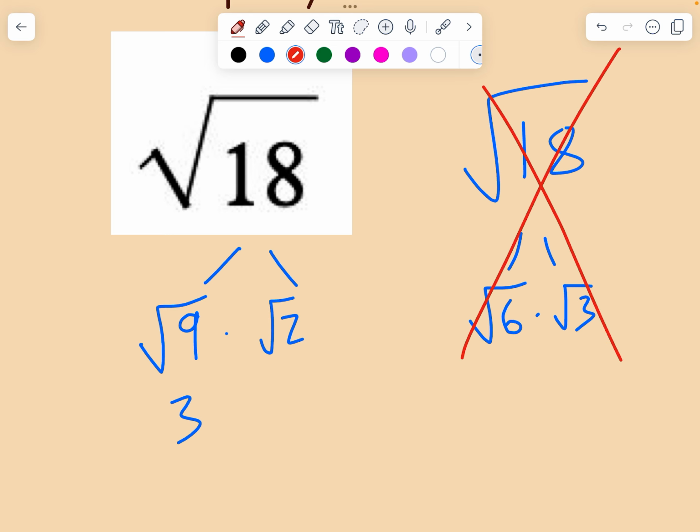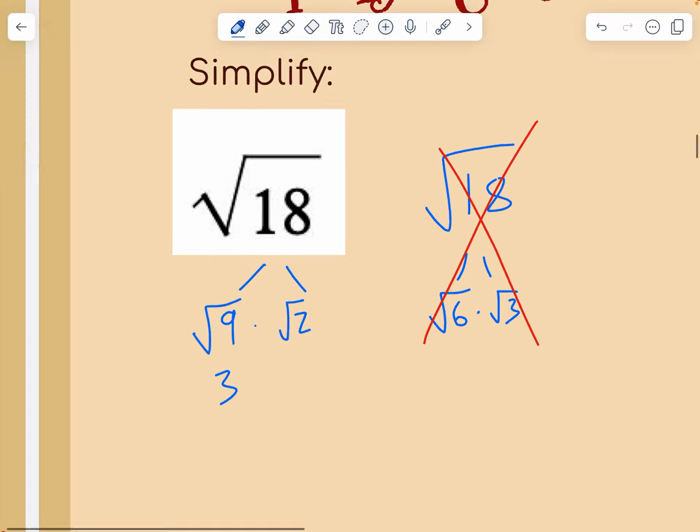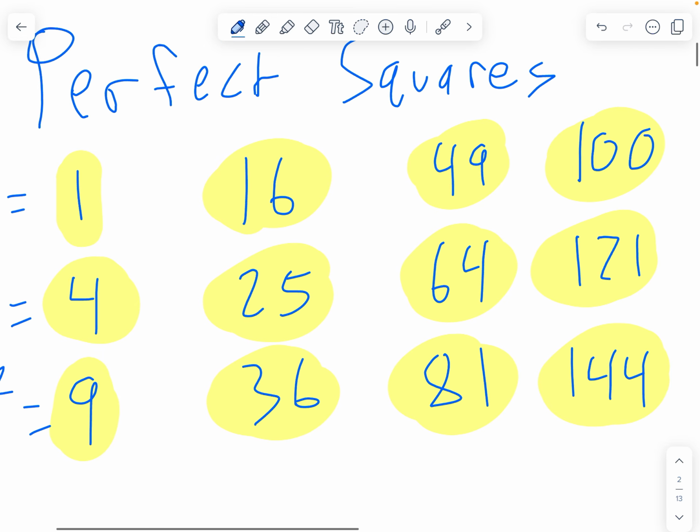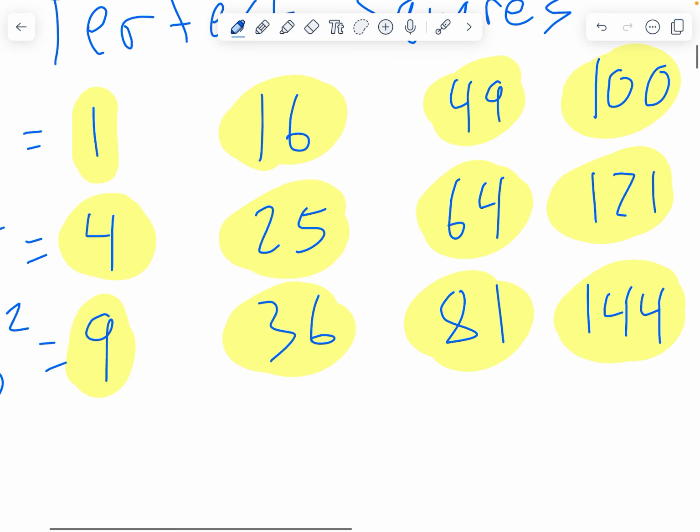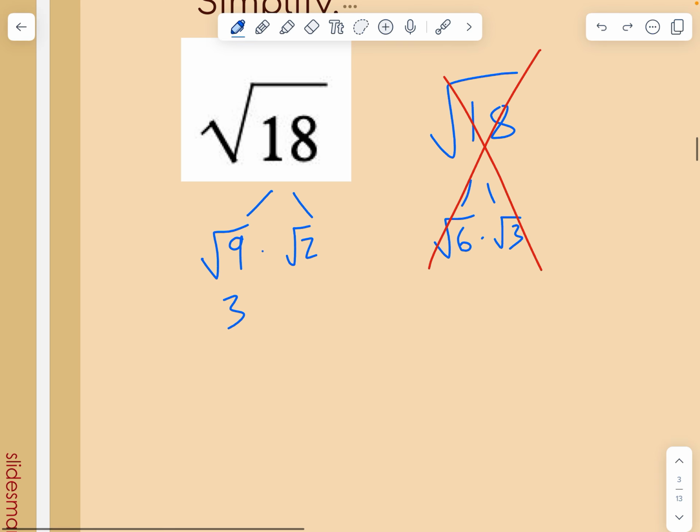That would be bad because we took a crazy decimal and just made 2 crazy decimals, okay? We want to break it up into 9 times 2. So you want to break up your number using a perfect square. That is why it is important that you have access to this list. You need to figure out which number on this list divides into the number that you are dealing with, okay?